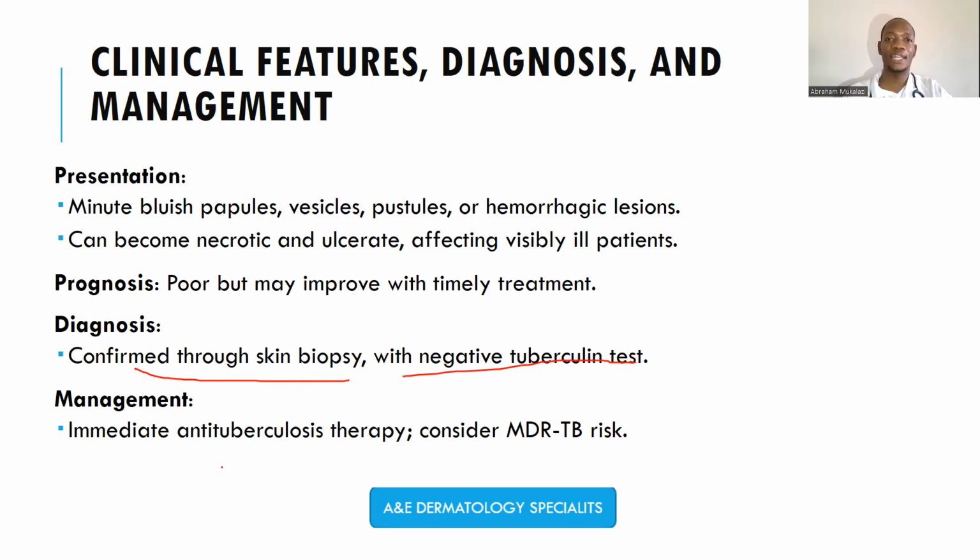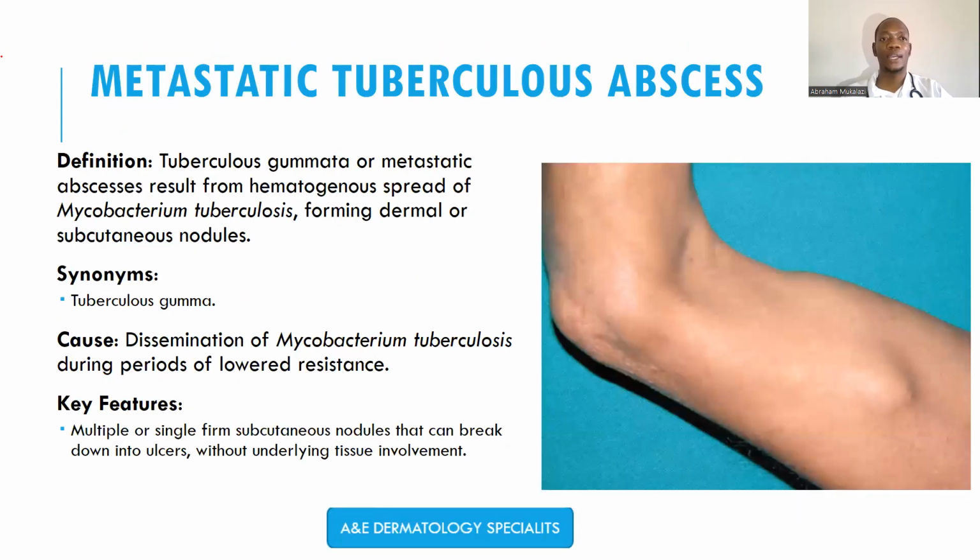And when you see disseminated TB going everywhere, you have to think about possible drug resistance. So in this case, you may need to do culture and sensitivity, and then you see which drugs are effective in that case.